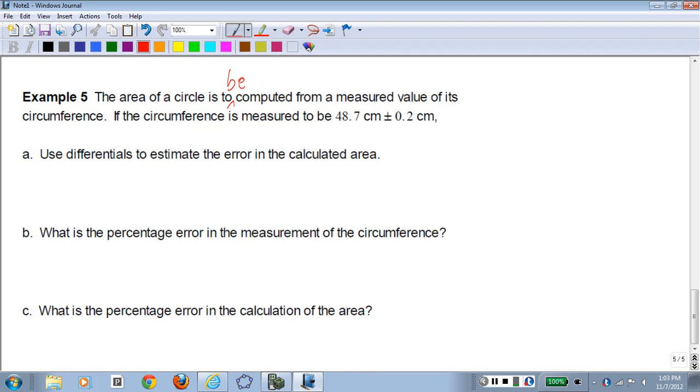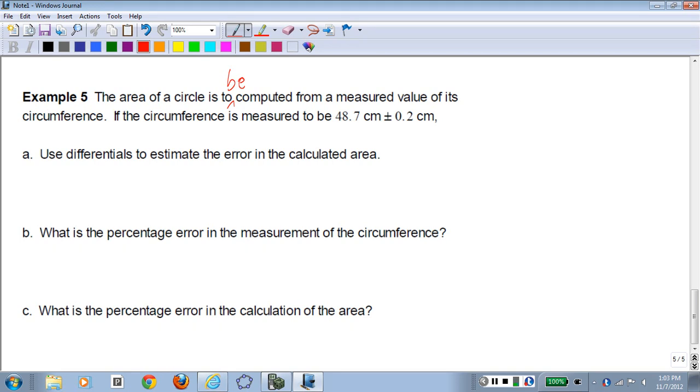Maybe it's a tree. I want to calculate the cross-sectional area of a portion of a tree without drilling straight through the tree to measure the diameter or the radius. We measure the circumference of the tree, and then based on that we should be able to calculate the area.